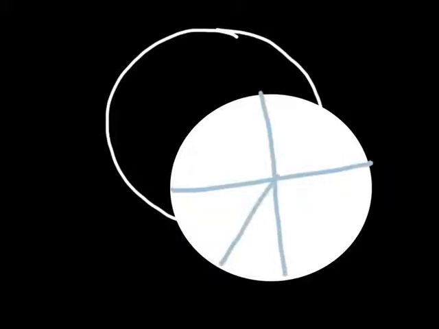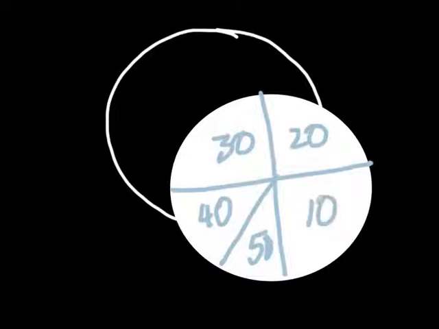Well, what we want to do is take this circle, and suppose we had a pie chart, looks something like this, and we had different pieces of pie. Suppose they were labeled, this was 20-year-olds, 30-year-olds, 40-year-olds, 50-year-olds, and this was 10-year-olds.